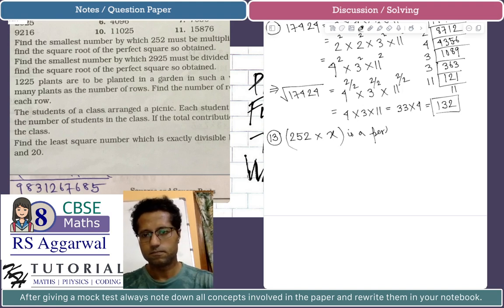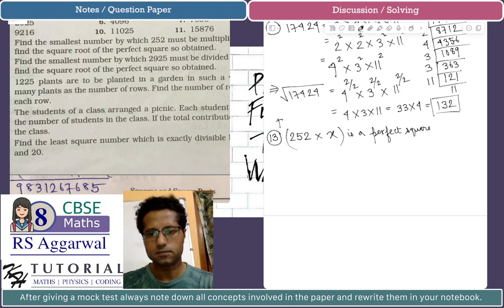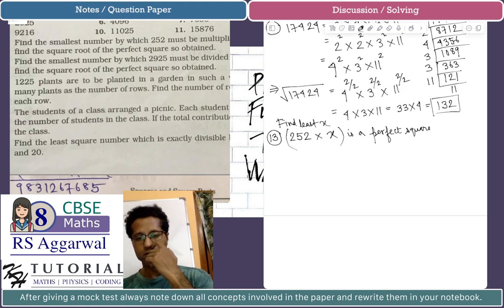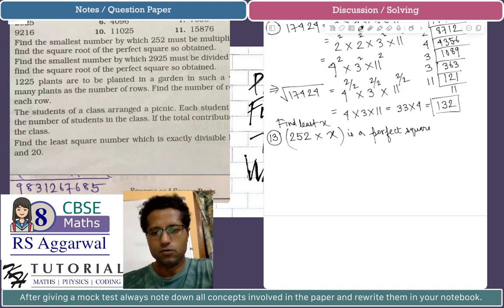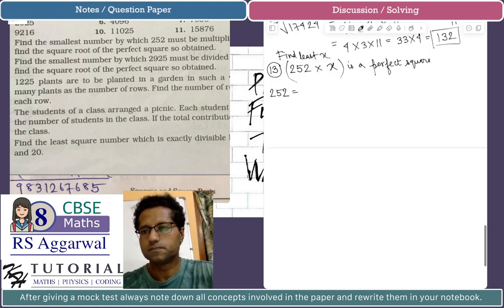That is, find the least x such that 252 multiplied by x is a perfect square. So the essential step is to do the prime factorization of the number 252.